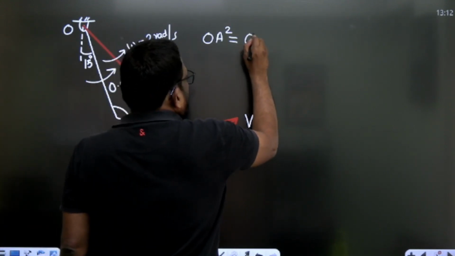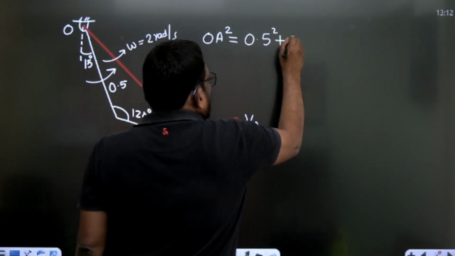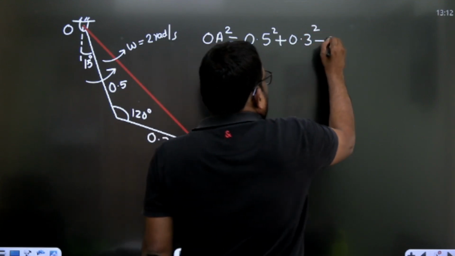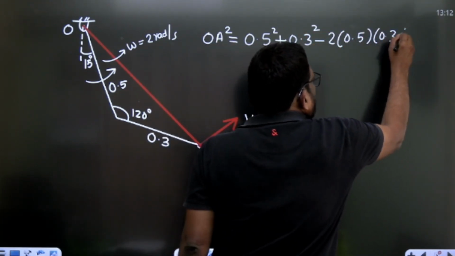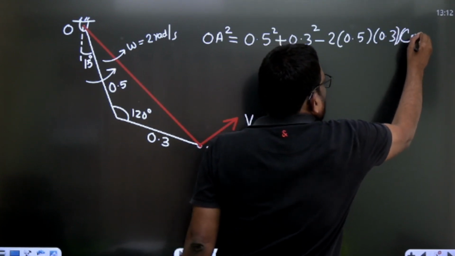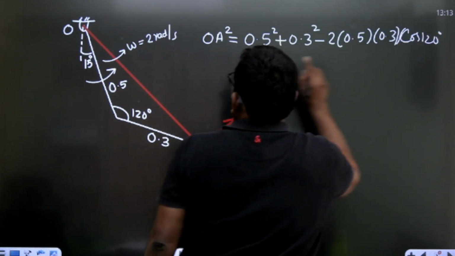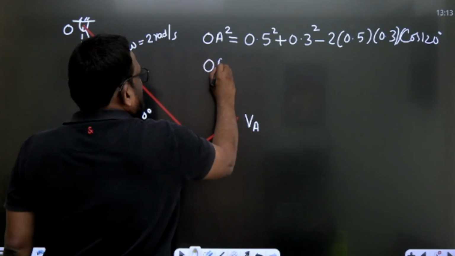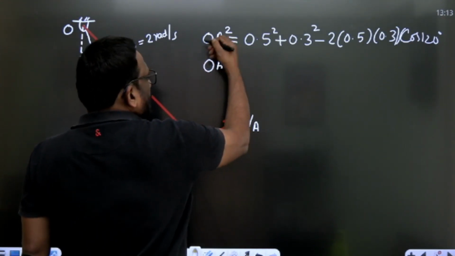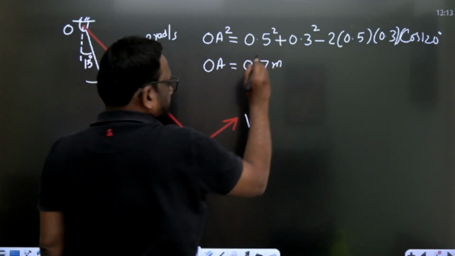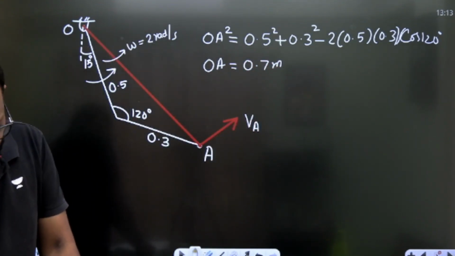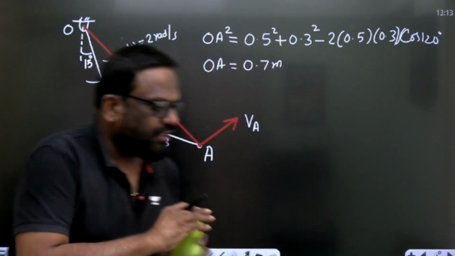Therefore, it is 0.5 square plus 0.3 square minus 2 into 0.5 into 0.3 into cos 120. If I calculate, OA square is 0.49, root of that is 0.7 meter. Exactly, it is 0.7 meter.